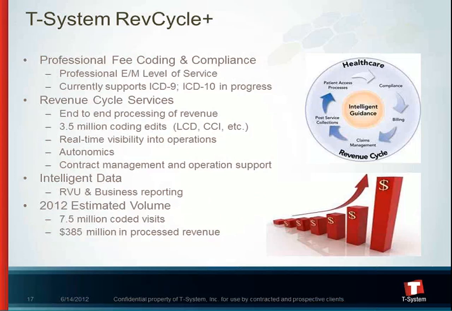Already have a couple of questions that have come across. Just a quick note, this week we launched our RevCycle Plus service line within T-Systems, both in our facility as well as in our professional service line, offering coding and compliance services and a web-based revenue cycle process with a highly developed coding engine, using some really interesting technology that IBM coined with the term autonomics.